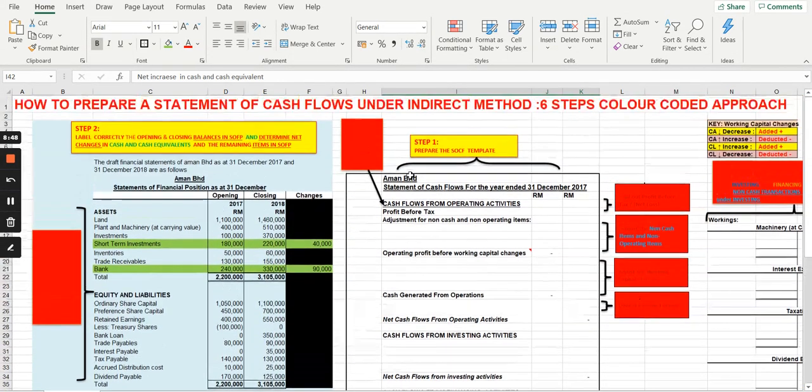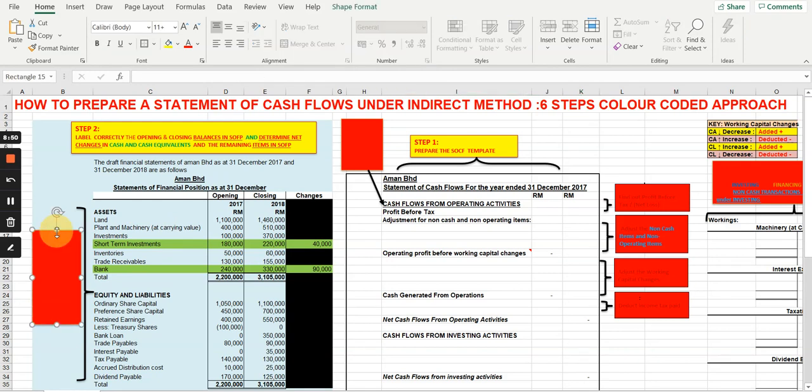Next is to do step 3. What is step 3? Okay, step 3 is right here. What you need to do is classify the remaining items that we have not yet classified. How do we classify them? We color code them according to different colors, right?